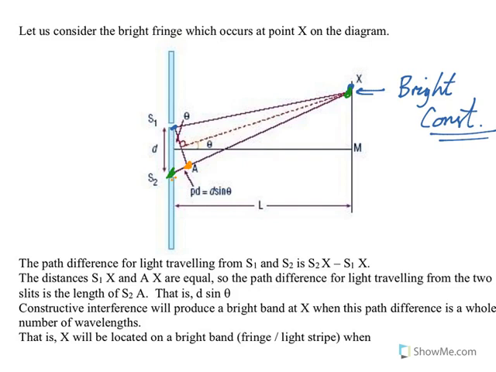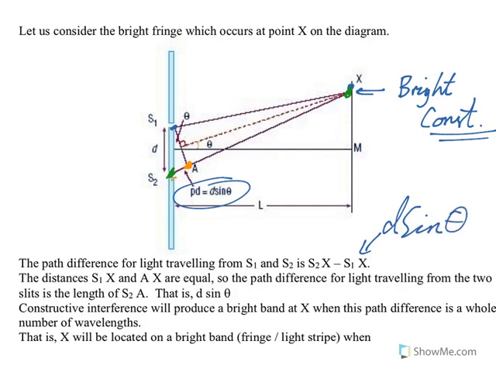So as I've already mentioned about X, we've got constructive interference at X, we've got a bright stripe at X. So the path difference, which is this bit here, S2X minus S1X, is d sine theta.